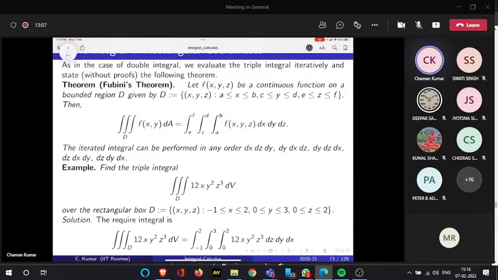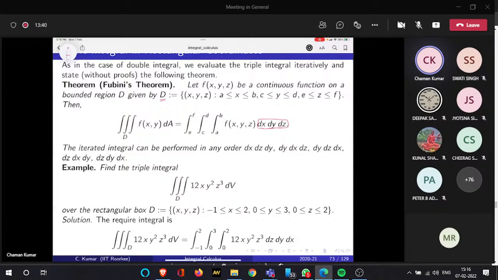Now here the order of integration is x first, then y, and then z. But this integration can be performed in any order. Keep in mind this domain: if the domain is a rectangular cell or cuboid, then the order of the integration can be any order.